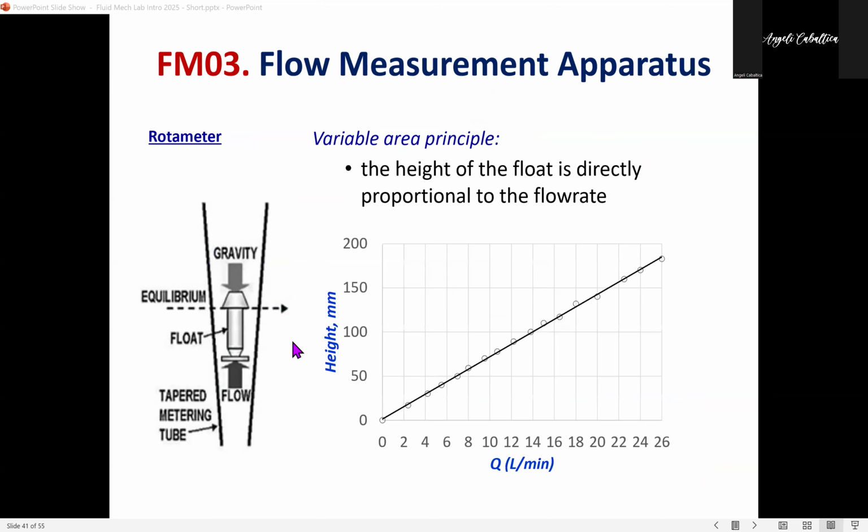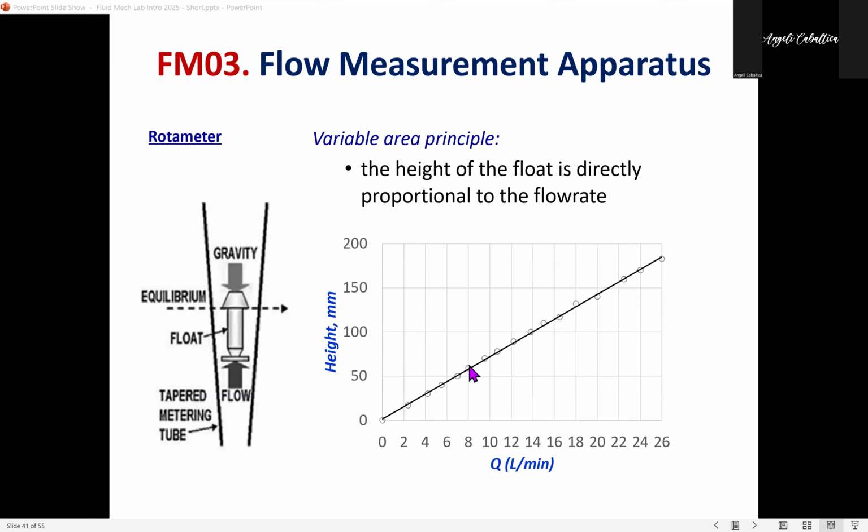So this is the rotameter. For the rotameter, like I said, you will be able to graph the relationship between the flow and the height of the float. So when you increase the flow rate, this is just an example of that curve. When you increase the flow rate, the position of that float also increases.